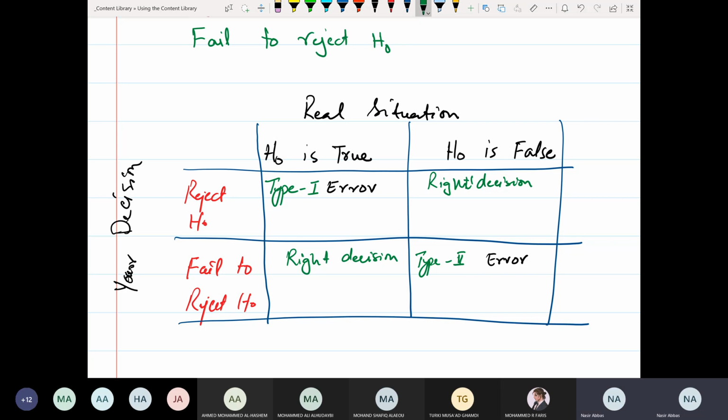Which one is more serious? Is it type 1 or type 2? Type 1. That means you declare an innocent H0 a criminal. What about type 2? You leave a criminal and declare him as an innocent person.